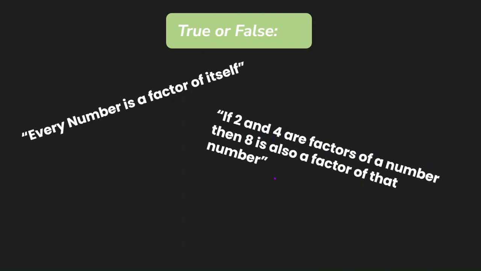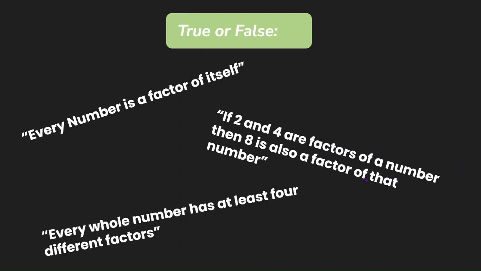So that makes this statement false. Or if we think about 12, another number that 2 and 4 are both factors of, 8 is not. 8 does not go into 12 an even amount of times. These statements can be tricky because we know a different rule that's true: if 2 and 3 are factors of something, then 6 is a factor, but that's not true for 8.